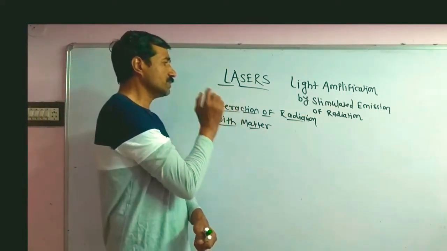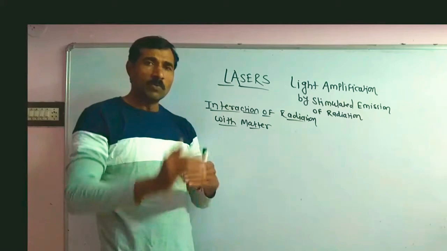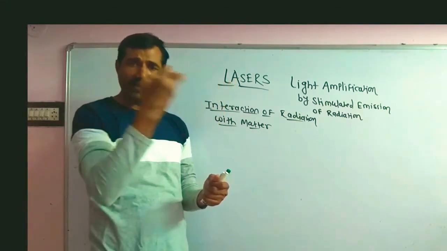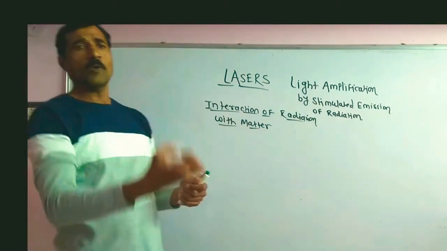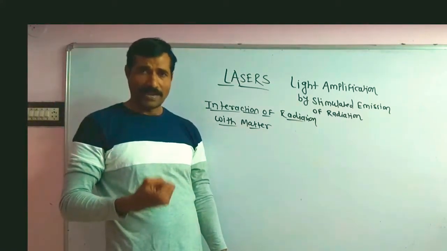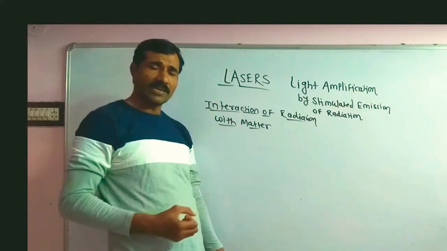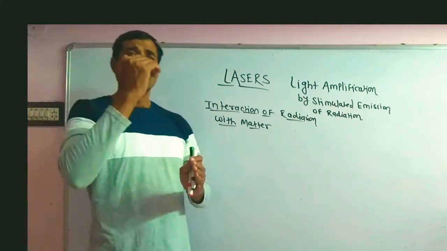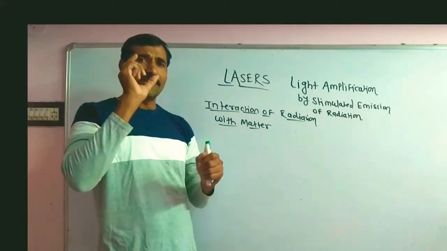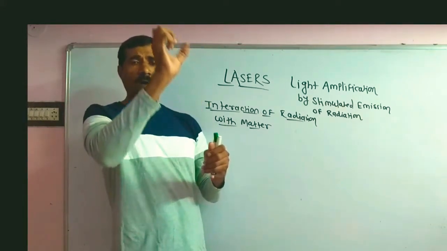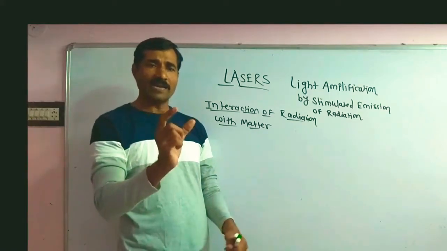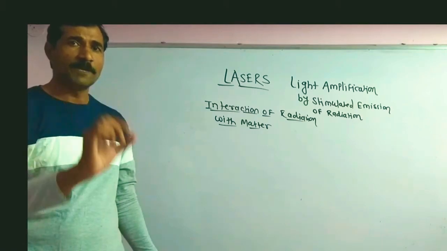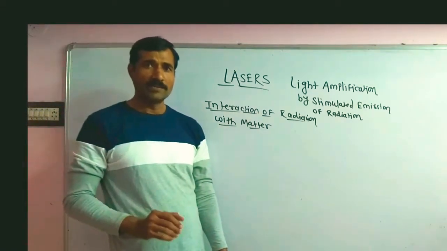These atoms or molecules move from one energy state to another energy state, because atoms allow discrete energy states. They go from one energy state to another when they receive or release energy equal to the energy difference between these states.